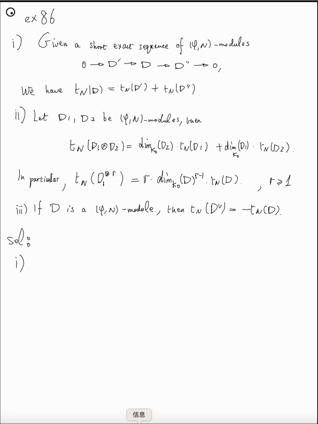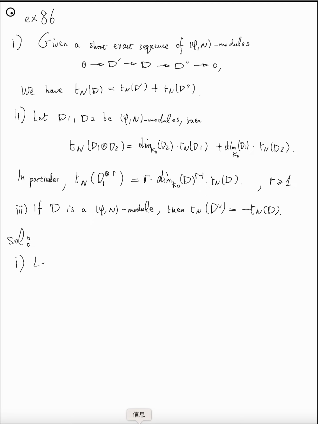First part, it's about the determinant of a matrix. It comes from the Frobenius, right?